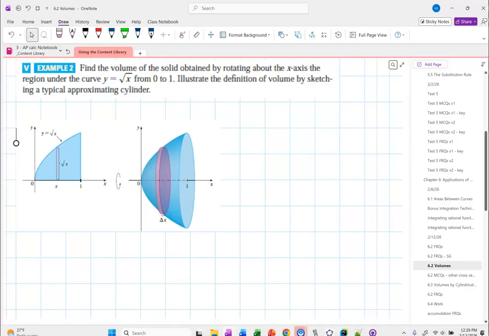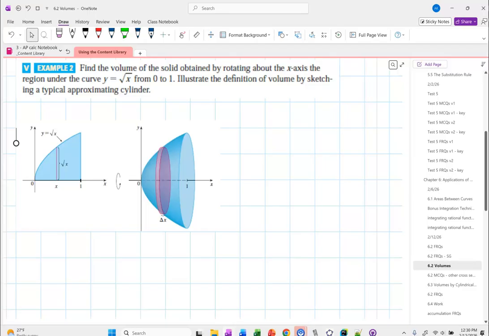To start, I'm going to give you the graph of the function and the graph of the three-dimensional figure. Eventually we'll start peeling away some of the givens as you build your own intuition. Eventually it'll turn into just getting the words and no pictures at all, but we're going to start with the pictures so that we can start building some intuition.